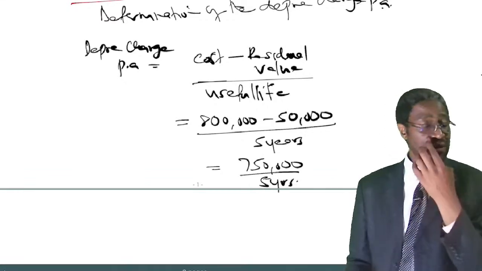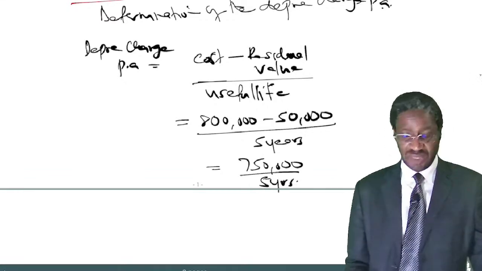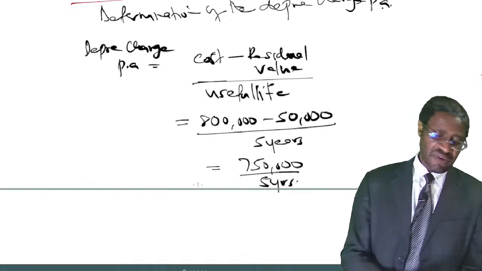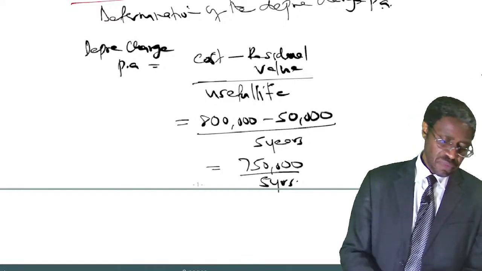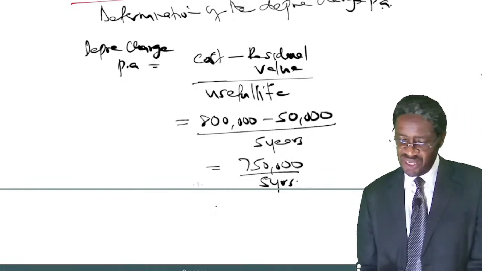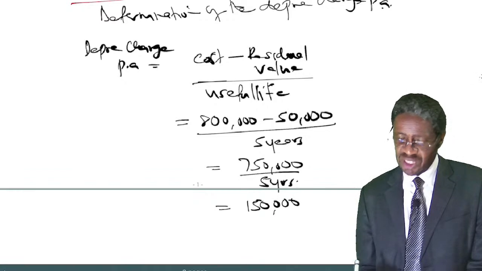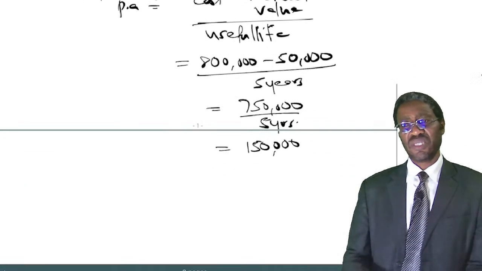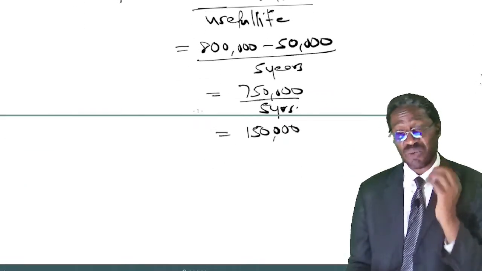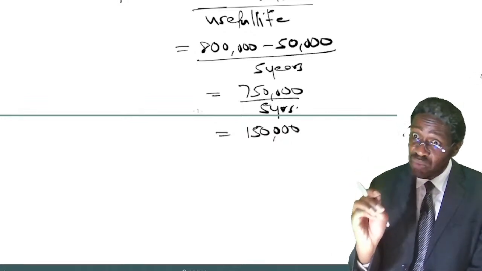So what becomes the charge per annum? I take 750, I divide that by 5. That means every year we are depreciating our asset by 150,000. Then we come and now use that 150 to get the accumulated.